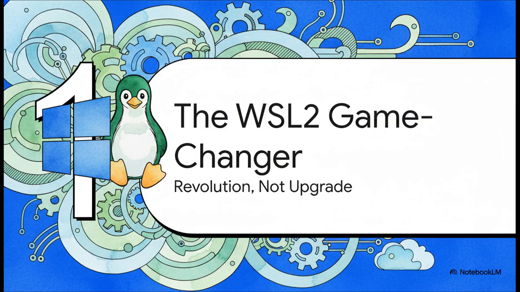And the hero of this story, this massive shift, is the Windows Subsystem for Linux, or WSL. But specifically, we're talking about version 2, WSL 2. And make no mistake, this wasn't just some minor update. Oh no, this was a complete reinvention of how Linux and Windows can not only live together, but actually work together on the same machine.